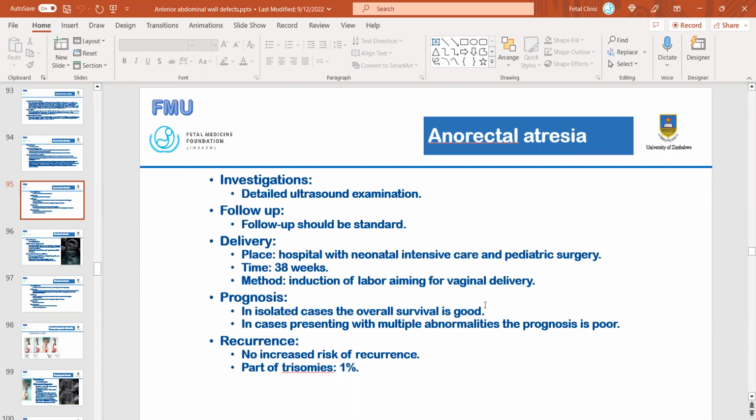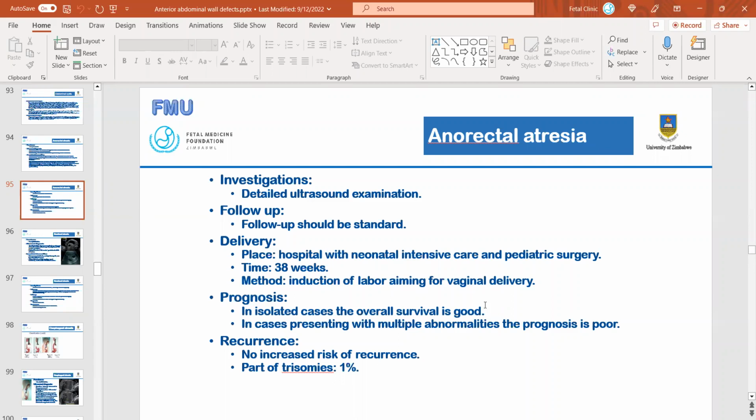If you read the old books, before NIPT, women who had a previous baby with trisomy would not be offered the combined test, but would go straight for amniocentesis. But in the era of NIPT, we should know that they have an option to do NIPT instead of going for the needle test because of that 1% risk of recurrence. So we should remember that.